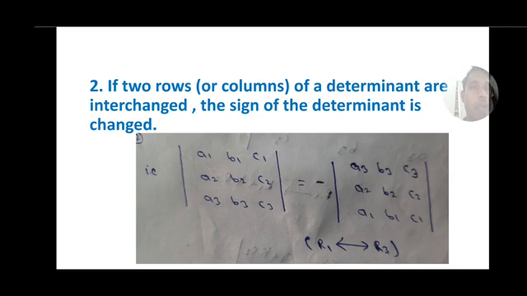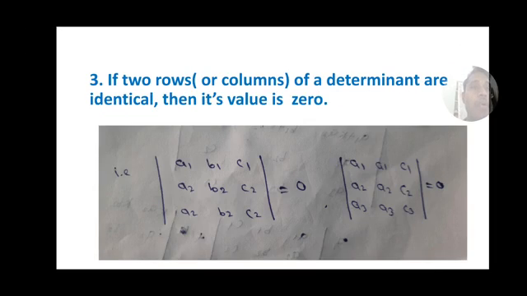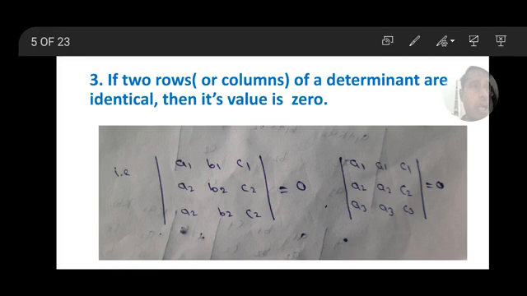Next, third property. If two rows of a determinant are identical, then its value is 0. It is applicable to two rows or columns: if two rows or columns are identical, then the determinant value is 0.